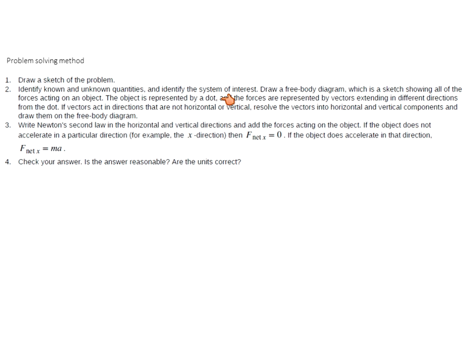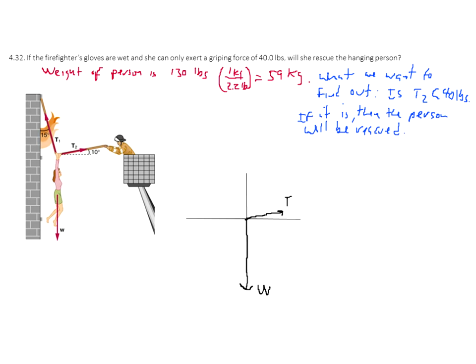So what is the object in this case? In this case, the object in question is really her hands. So that is what we are drawing right here. So what are the forces on her hands?